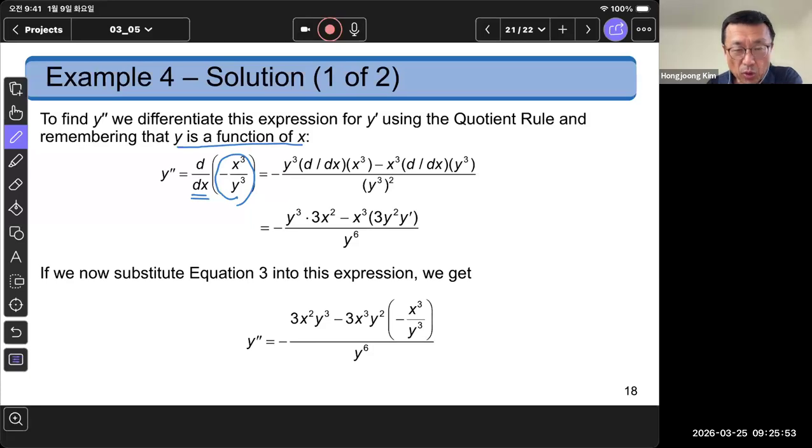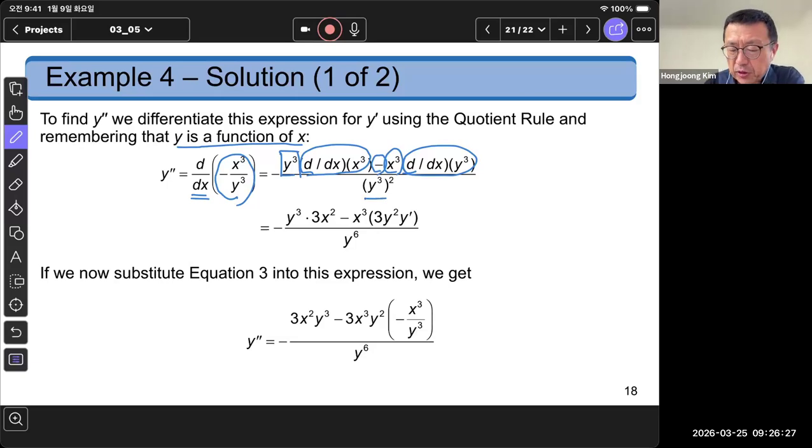I need to apply the quotient rule. You first differentiate the numerator multiplied by the denominator, unchanged, and then minus the numerator x cubed multiplied by the derivative of the denominator, and the whole thing is divided by the denominator squared.